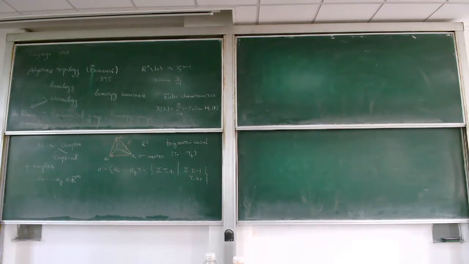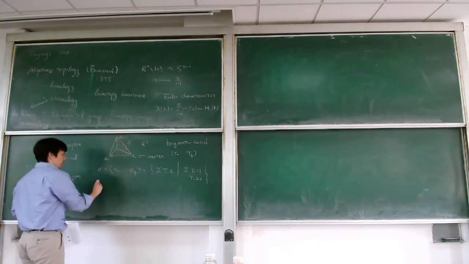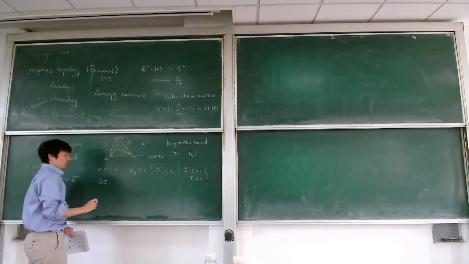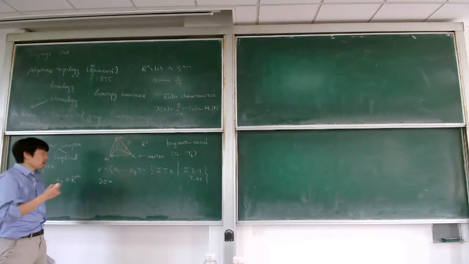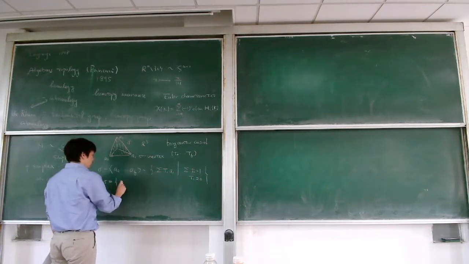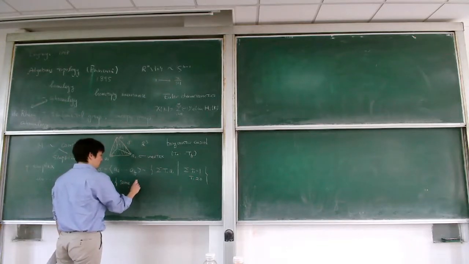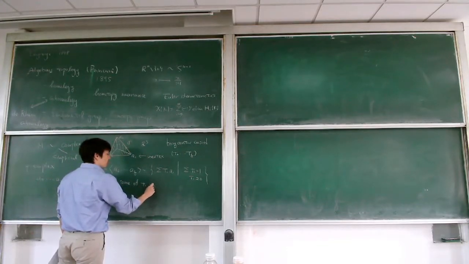Okay, so in particular, the boundary of sigma can be constructed by setting some t_i equal to 0.